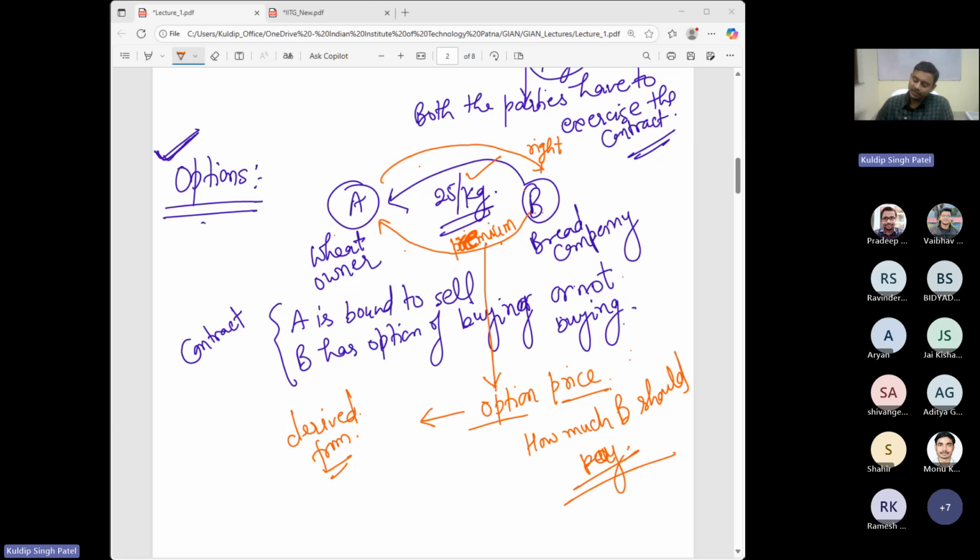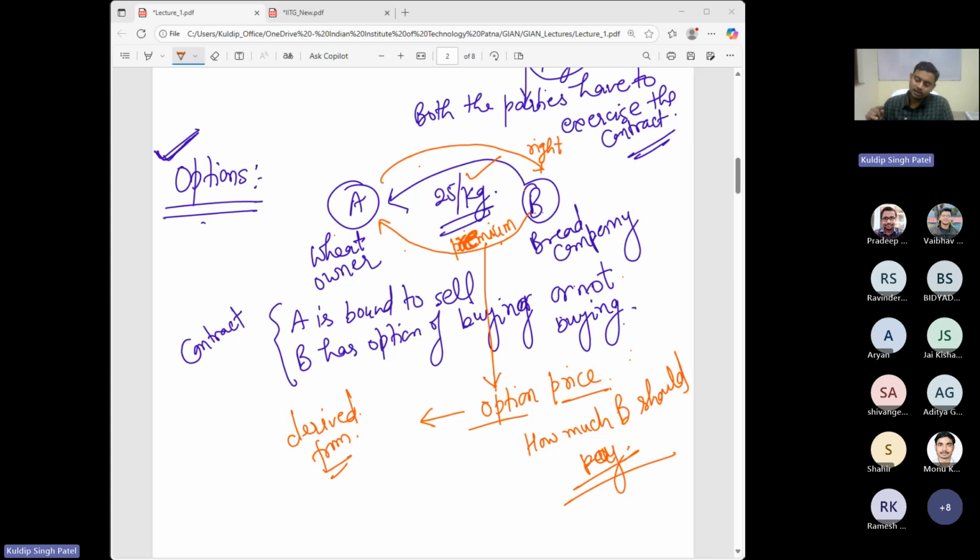But I have paid 10,000, and it is my choice. It's not always that I have to go there, because I know they have certain conditions and they'll say for this you have to pay, for this you have to pay. So there might be issues. The simple point is that I have the liberty of going or not going, but for that I have to pay a premium, and how is that premium calculated?